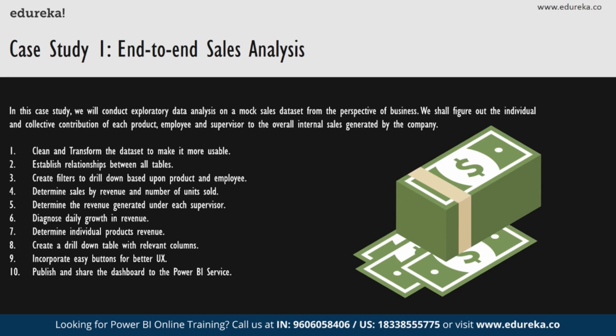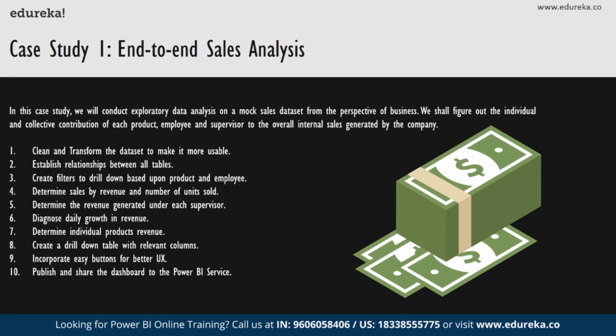Now we start the actual actionable items, which is to create filters to drill down upon data. So here we have 3 filters that we have to create. One is by date, one is by product, one is by employee. But I'm going to do one better. I'm also going to be creating a drill down, say, for supervisors.